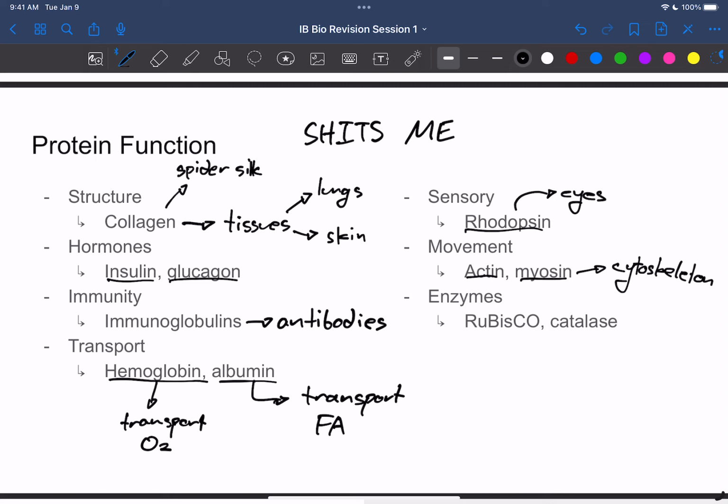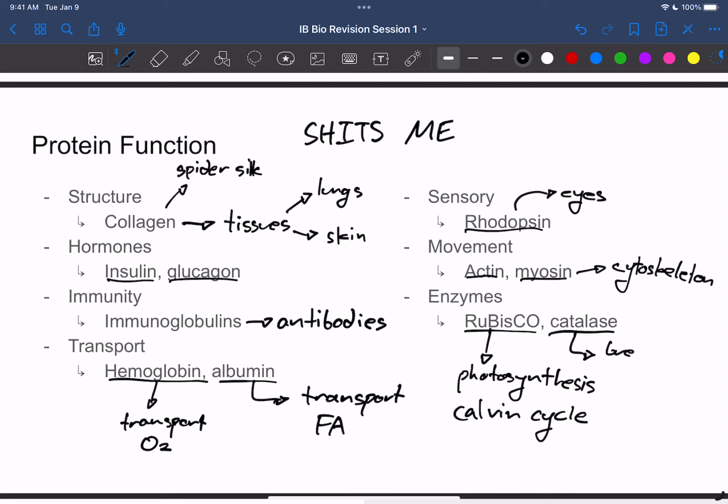Then we have enzymes. So Rubisco, you probably heard about this one, photosynthesis. This is in your Calvin cycle. Well, I guess not yours, in a plant's Calvin cycle, because we can't photosynthesize. And then we have catalase, and this is used to do a lot of things.